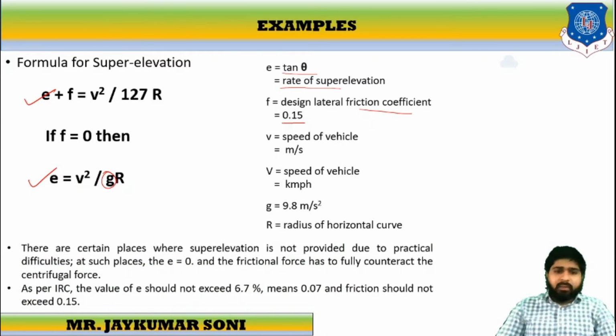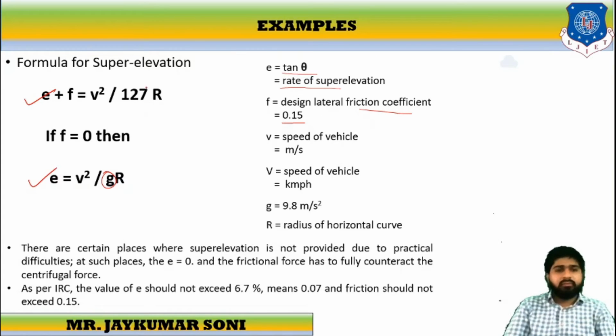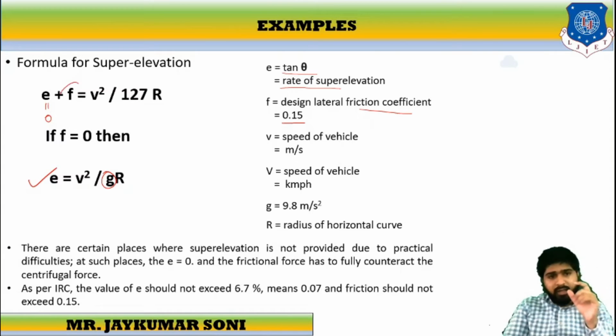There are certain places where super elevation is not provided due to practical difficulties. There are certain stretches where we cannot provide the super elevation. At such places, the value of super elevation becomes zero, and the frictional force will have to work.